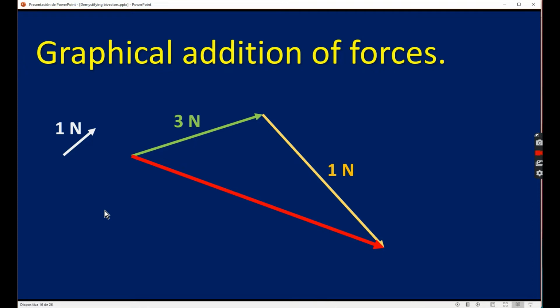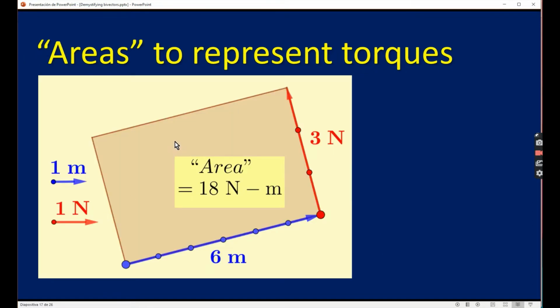So in this idea of using areas to represent torques, what we're going to do is something similar. For the length of the lever, or the length of the vector L, we choose some convenient length here to represent 1 meter of length of the lever, and some other convenient length here to represent 1 Newton of force.